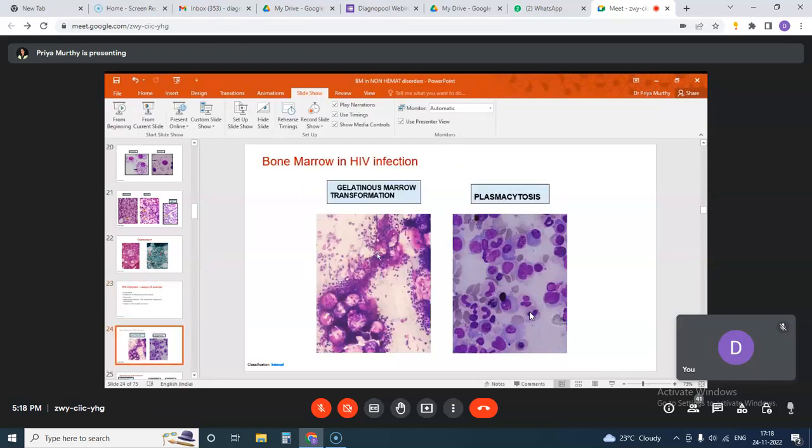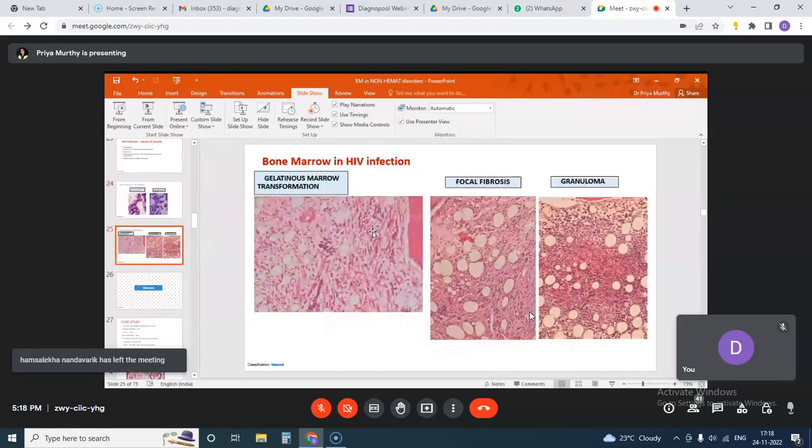Some of the features that we come across in HIV infection are gelatinous marrow transformation, where the stroma has a pinkish hue in the aspirate, and this pinkish hue is referred to as gelatinous marrow transformation. There is associated plasmacytosis in HIV infection as well.